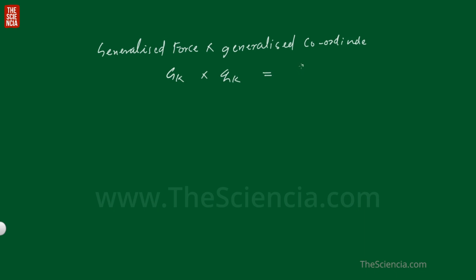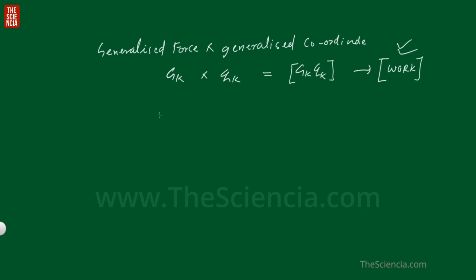So what we get? Gk qk. And if you are taking the dimension of Gk qk, then we get the dimension of work. This is always true. That is, the dimension of the product of generalized force and generalized coordinate always has the dimension of work.